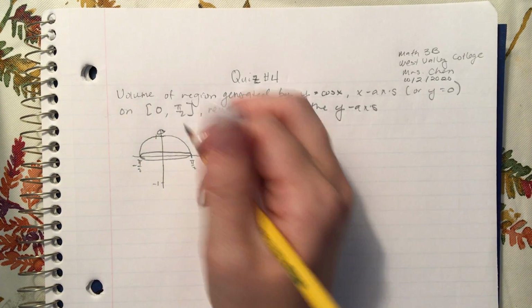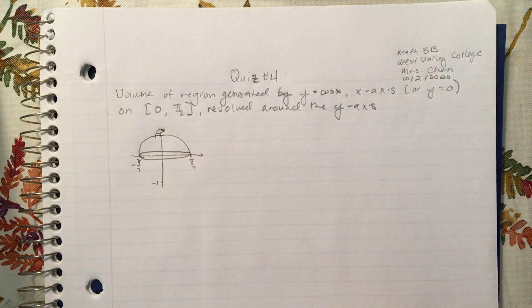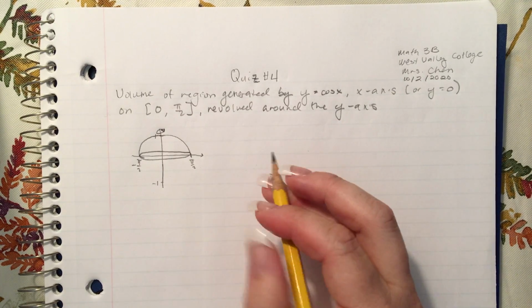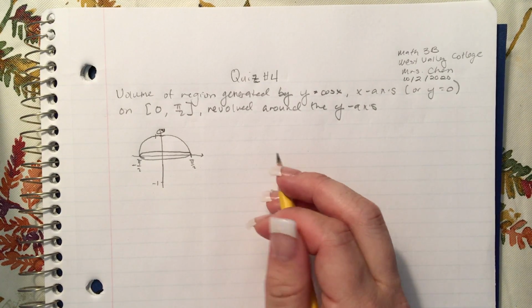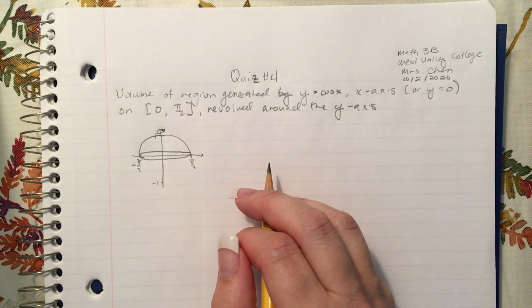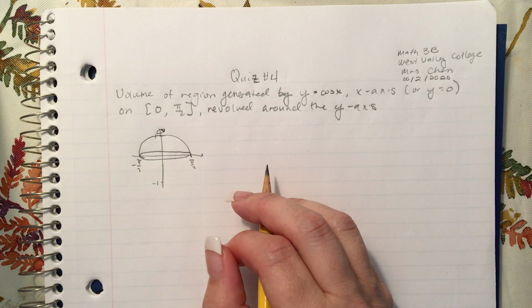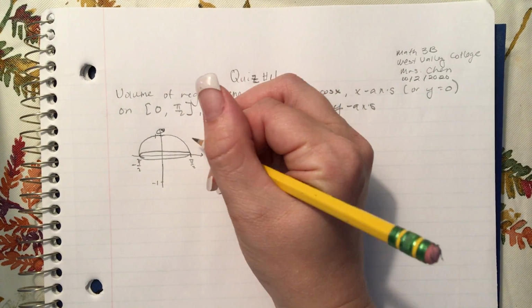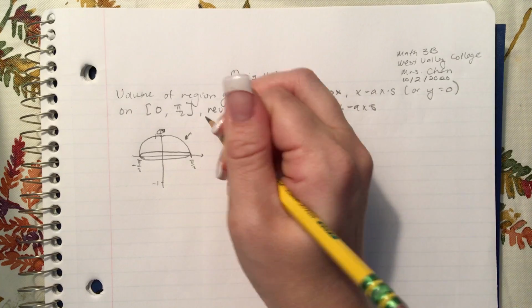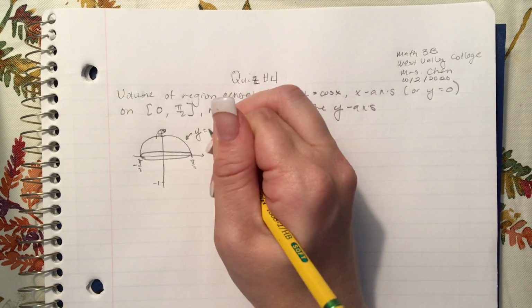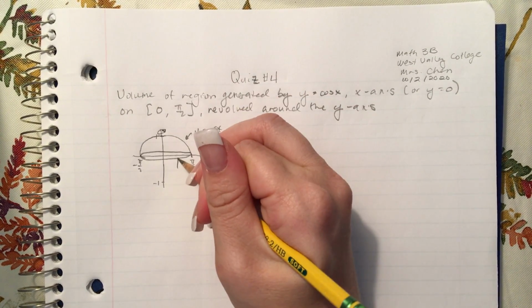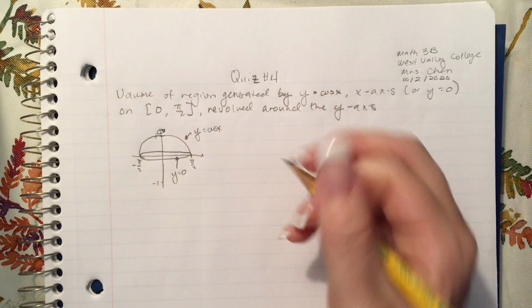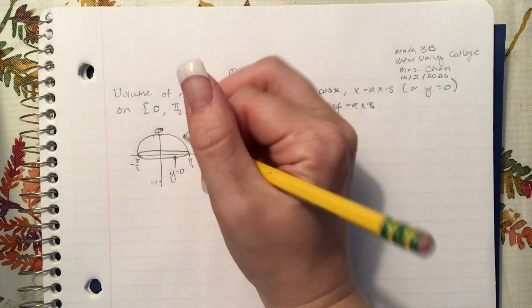Now, from here, we need to decide whether we're going to use the shell method or the disc or washer method. I decided to use the shell method because with the shell method, you use the top function and the bottom function as the shell height.